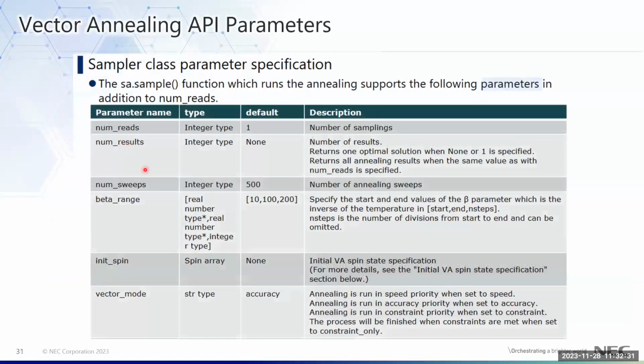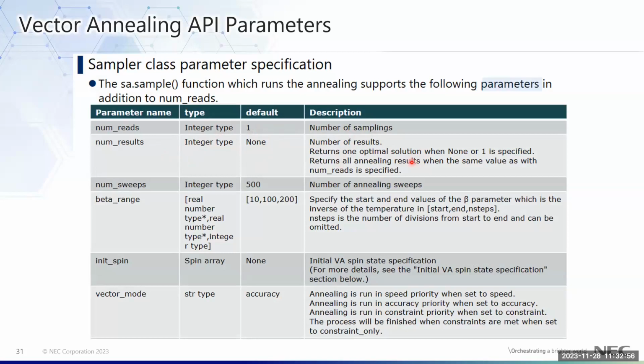So this is how the parameters look. Number of reads, we've already gone through. It's an integer type parameter. The default is 1, and it's the number of samplings. Number of results: the default is None, because finally you would want one optimal solution, where None or one is specified.